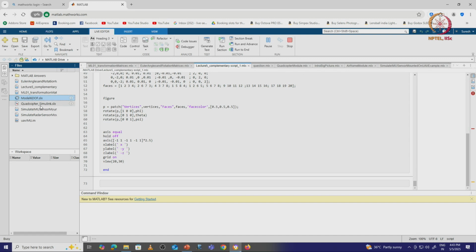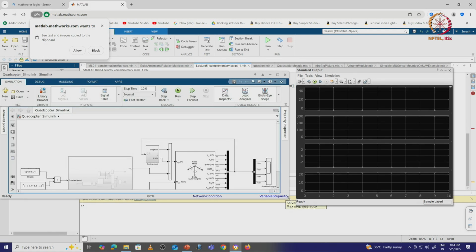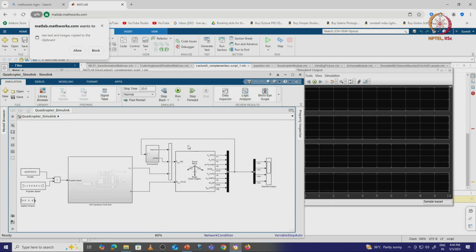Just give me a minute, I will show you. I can get the representation. Okay. If you see the block which I am pointing at with the mouse, this is your body angle, Euler angle computation.